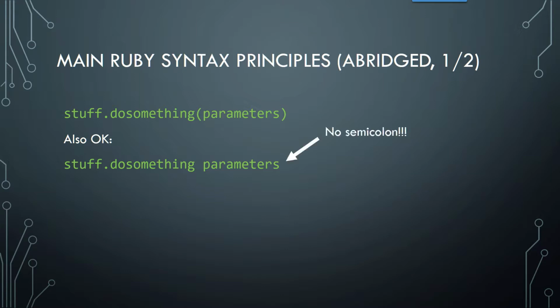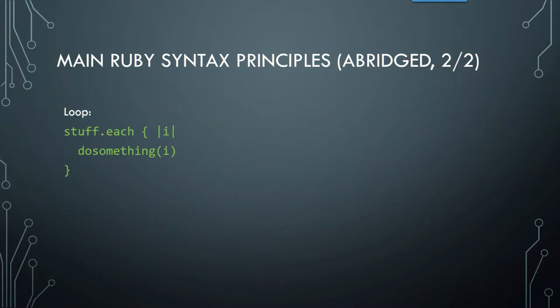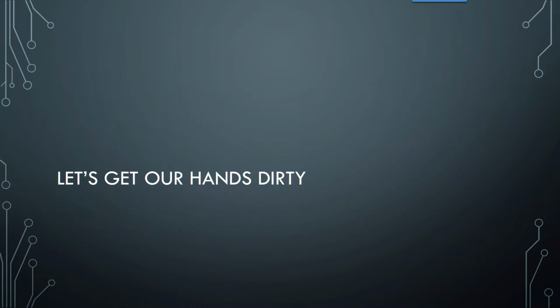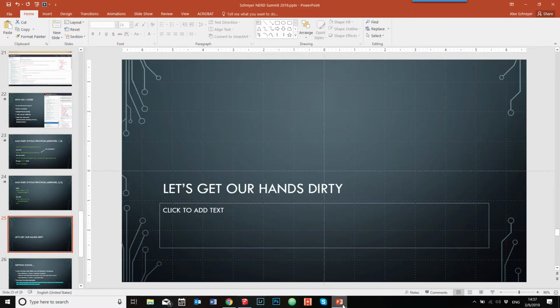Hey, no semicolon. You can chain things, one method, another method, and so on. And if you need to change the object itself, then there are these kind of functions. Anyways, just for the sake of time, I'll just skip over this. We can see that in a second. So I want to show you how this looks.